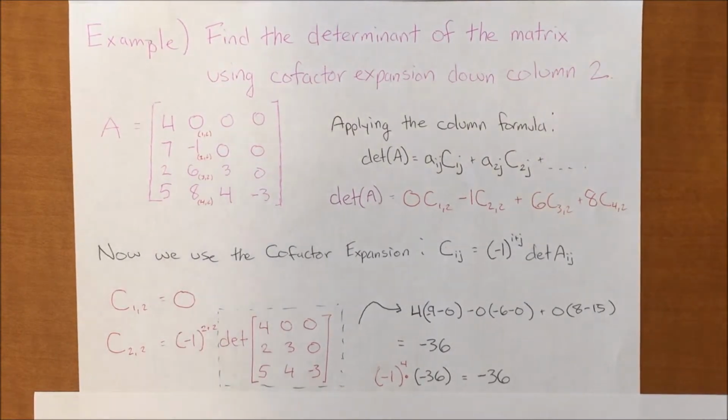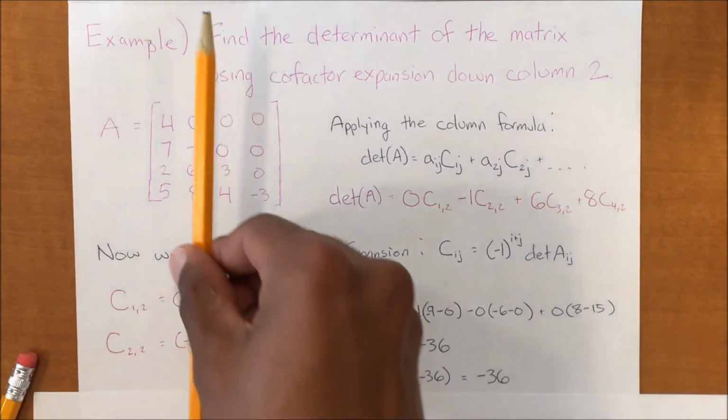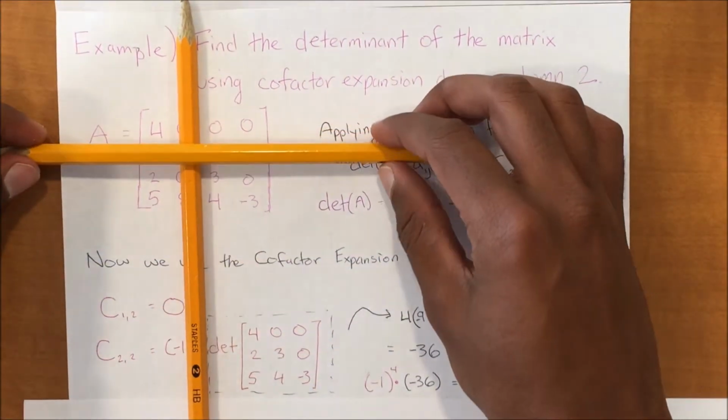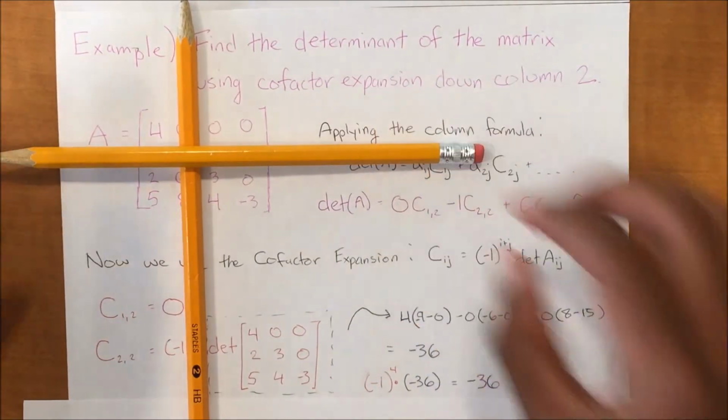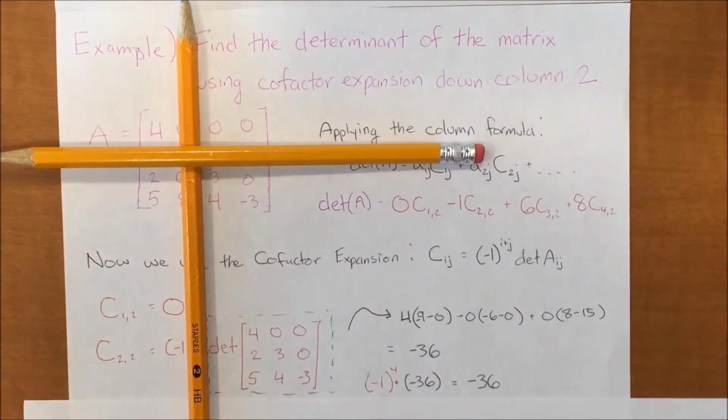This matrix was created by covering up the row and column associated with the entry we're dealing with. So since we're dealing with entry 2,2, cover this row here, or this column here, and this row here, we get a new matrix, 4, 0, 0, 2, 3, 0, and 5, 4, negative 3.